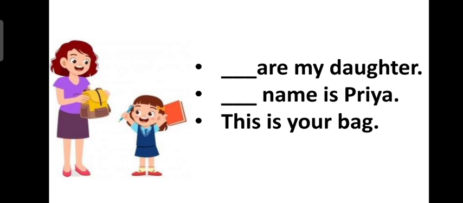One is mom and the second one is her daughter. Okay. So read the sentences carefully and answer me. What will you fill in the blanks? I really hope you all have done this.